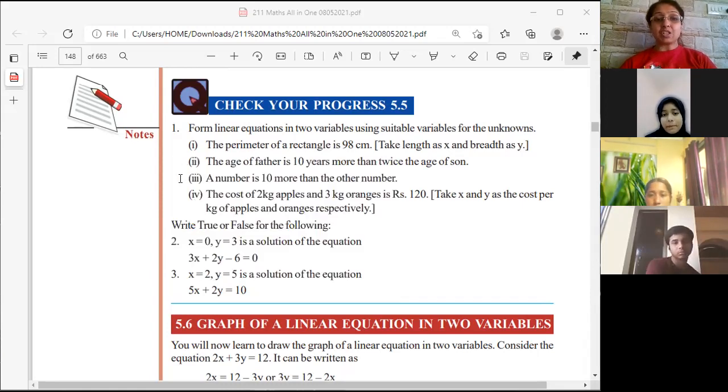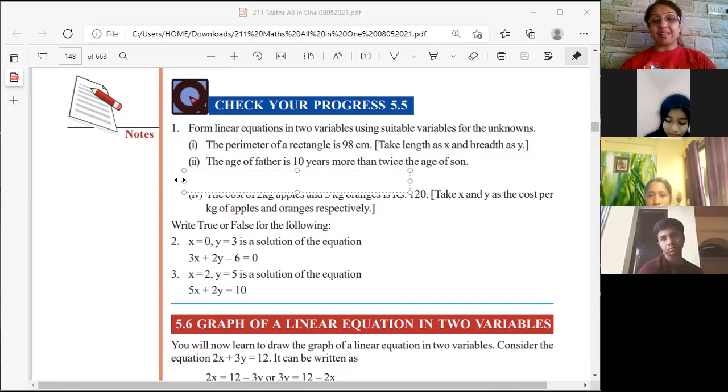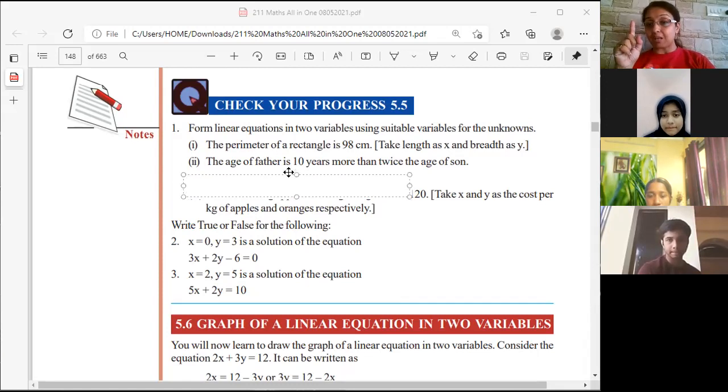The age of the father is 10 more than twice the age of the son. Now you remember when we were doing single variables, one variable, we took one as x, then the other as 2x plus whatever we had at that point of time. But here, what are we supposed to do? We have to use 2 variables.